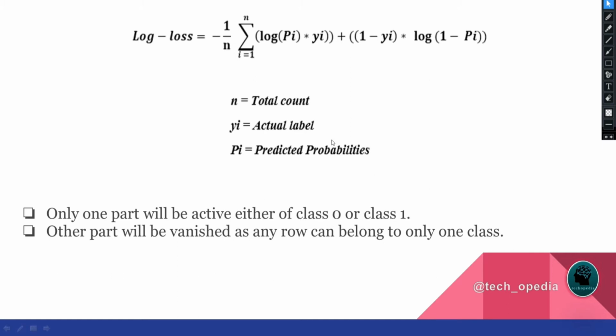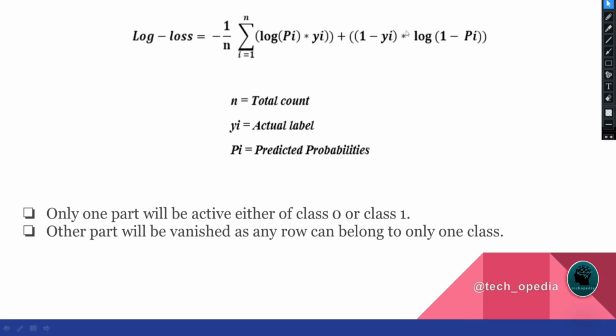So if the actual label is class 0, then this part will vanish and this part will remain. If the actual value is class 1, then this part will remain and this part vanishes, as the actual class label is 1 and y_i value is the actual label. So 1 minus 1 is 0 and anything multiplied by 0 is 0.